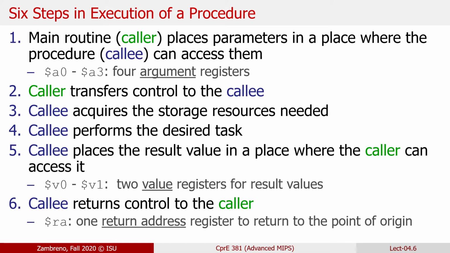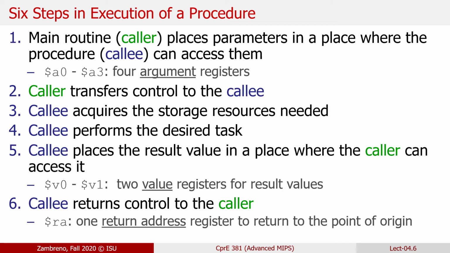The caller, let's call it the main routine, is the block of code where you're currently at, the block of code that's wanting to have a function call inside it. That's the caller function. So the first step is there's a set of registers, based on the MIPS ABI, that allows someone who is writing a caller routine to set input arguments to the so-called callee procedure, the function that I'm about to call.